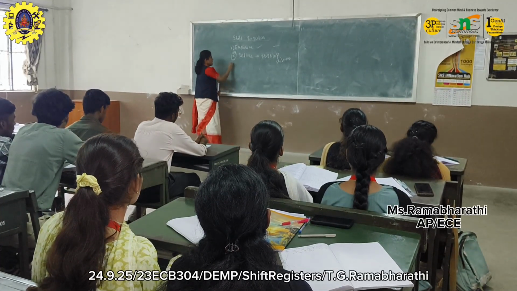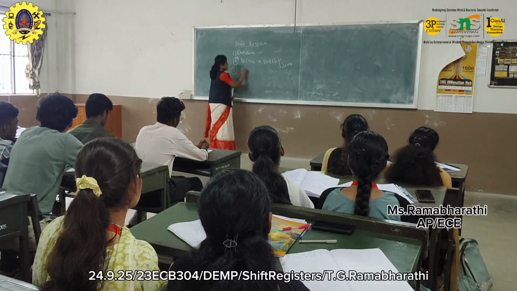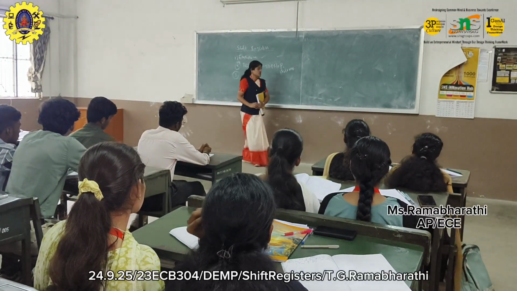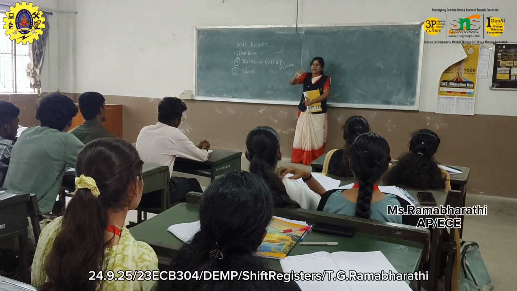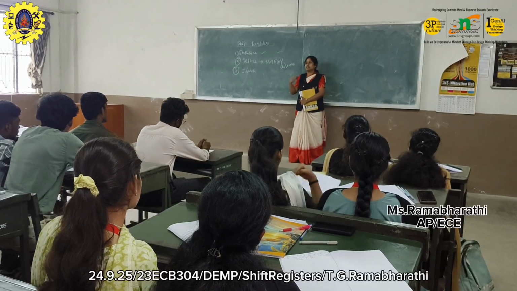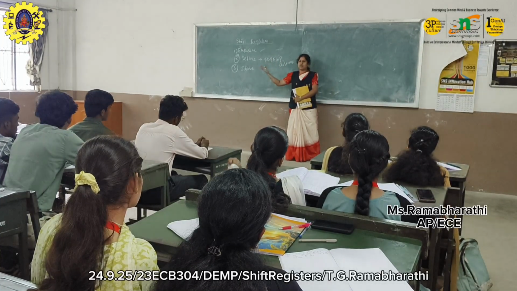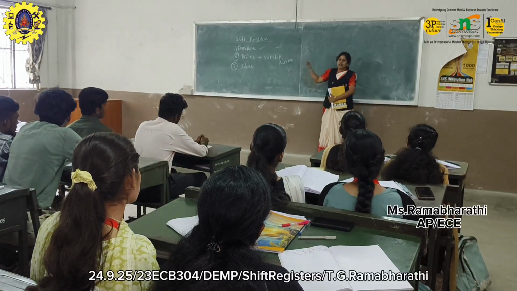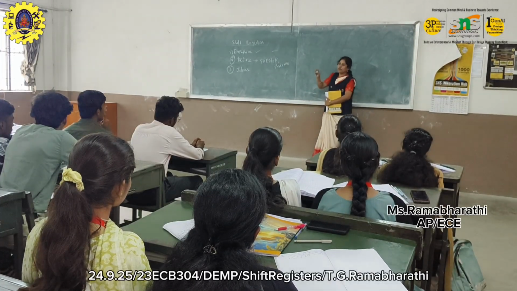Stage 2 is define, and stage 3 is ideate. Here we build ideas to design a circuit. We all know that a flip-flop stores only 1 bit of data, but here we need 4-bit or 8-bit data. For example, to shift 4-bit data I need 4 flip-flops.